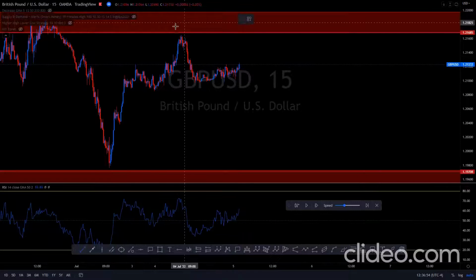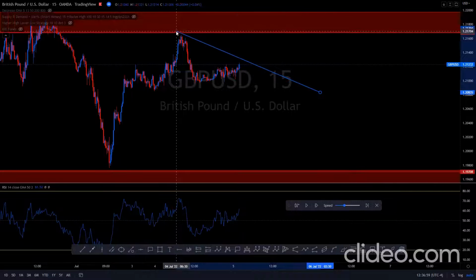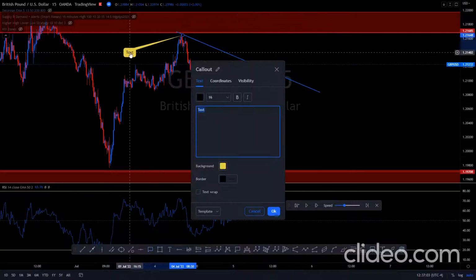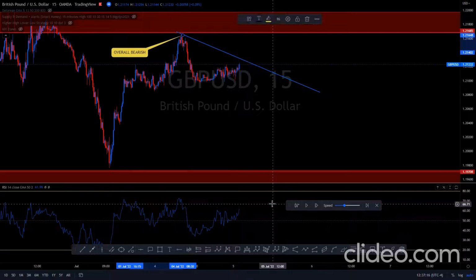So I would say that price is trending downward. Of course, I would make a note and say that price is overall bearish. That's what I'll be looking for.